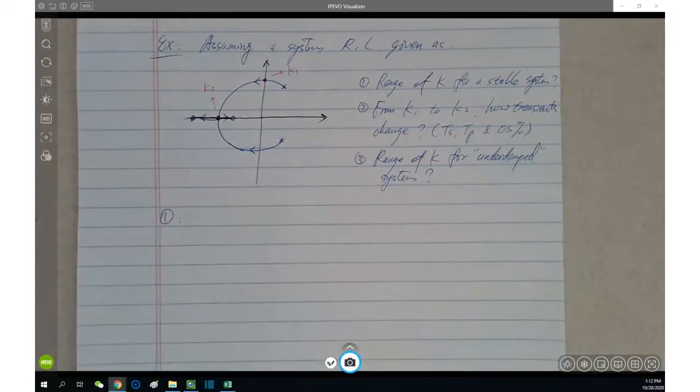First of all, the range of K for a stable system. How can you make the system stable? What's the range of K to guarantee that? Anyone knows? The real axis needs to be at least greater than 0 in order to be stable.